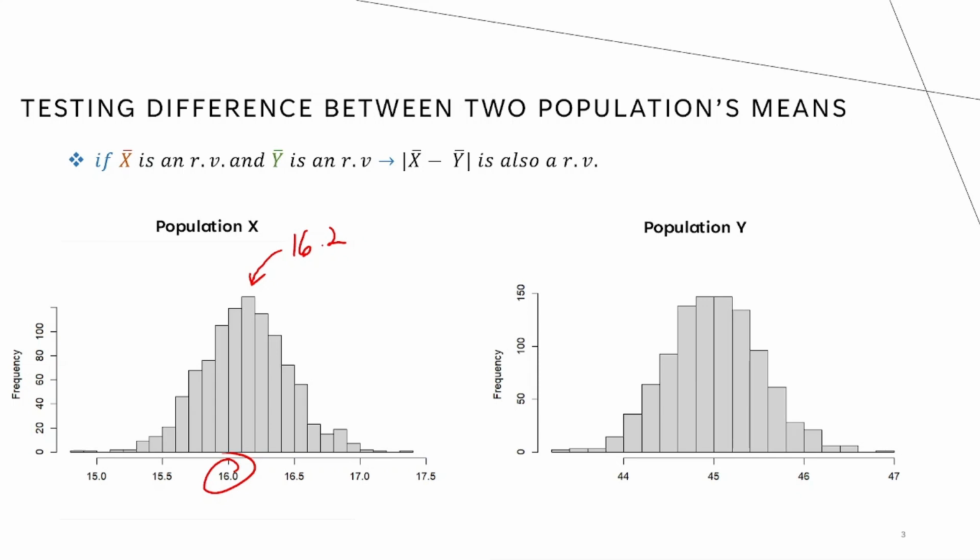So that's very close, and in this case, it was actually dead on for population Y. And of course, if you run the simulations again, you're going to get different values. But consistently, it was always very close to the population.